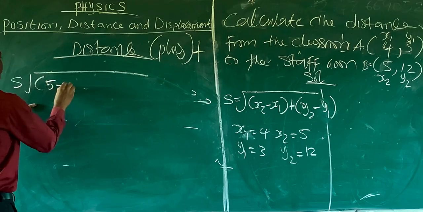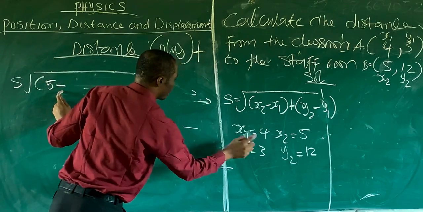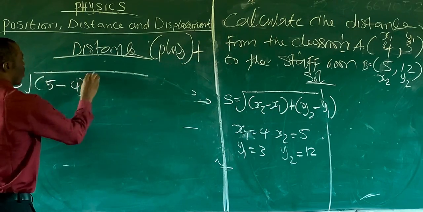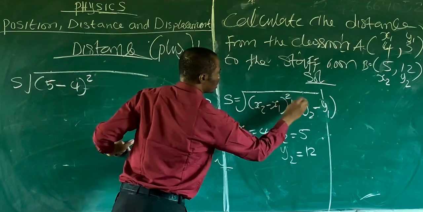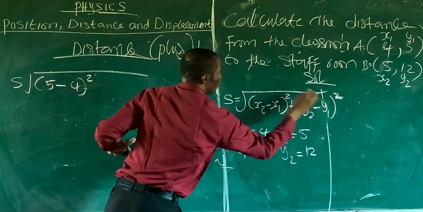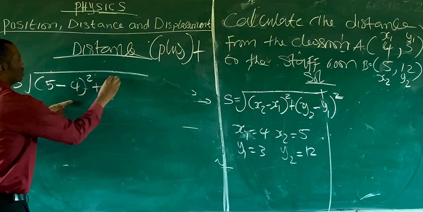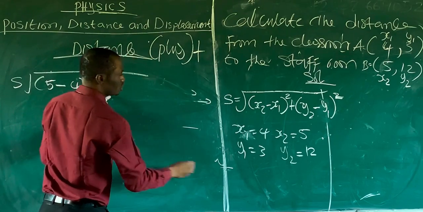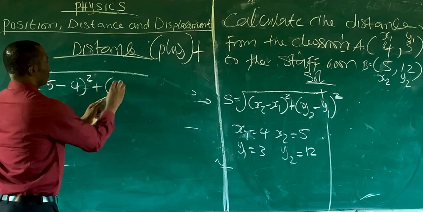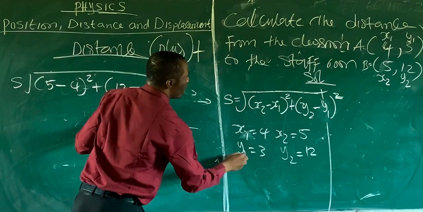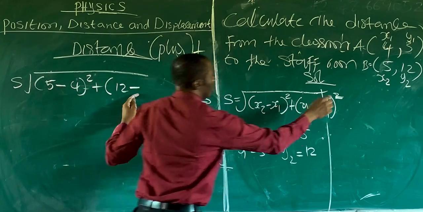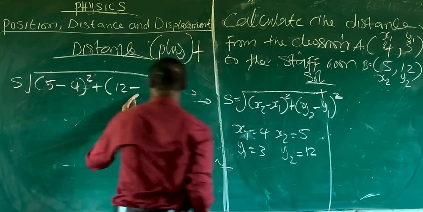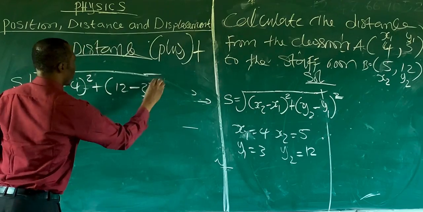So I have 5 minus, what's my x1? x1 there is 4, minus 4, all squared. Remember, you're going to put a square there. Plus, what's your y2? y2 there is 12. What's your y1? y1 there is 3. So, all squared.